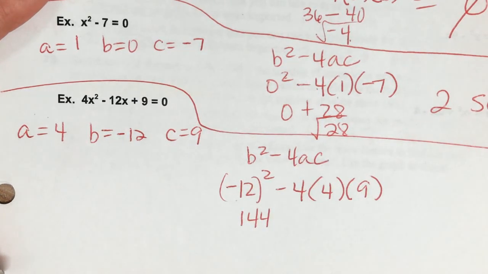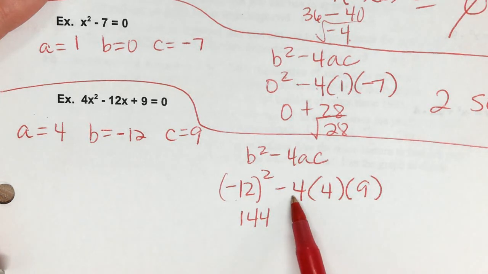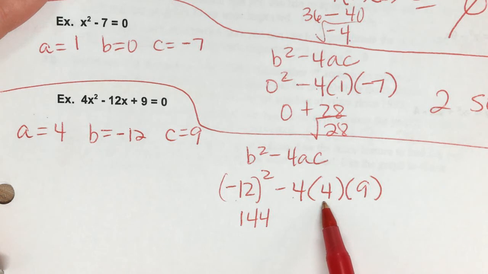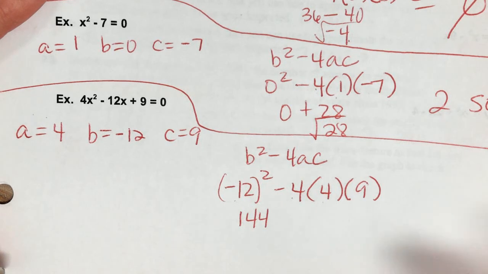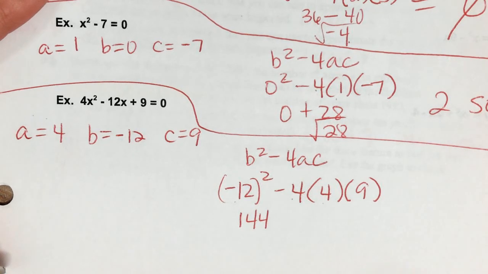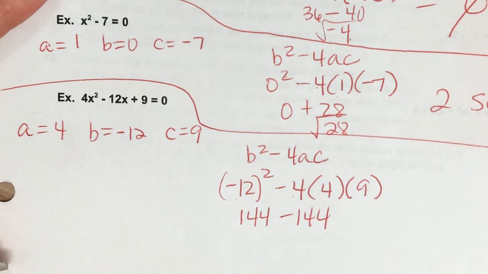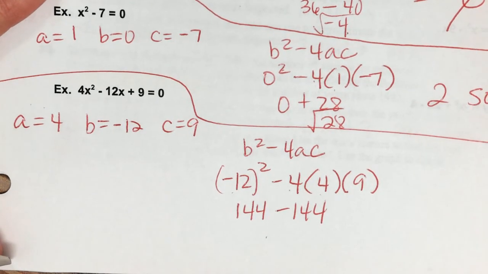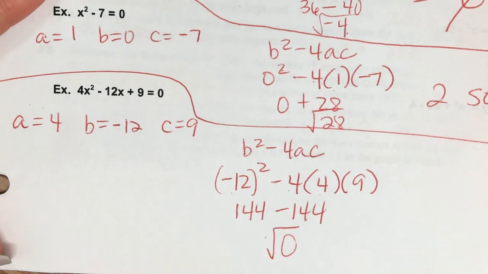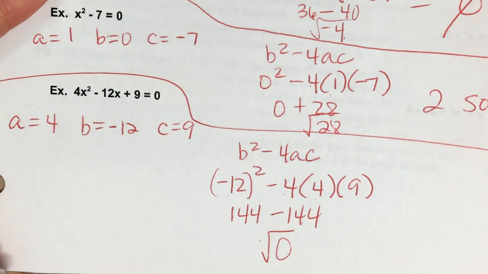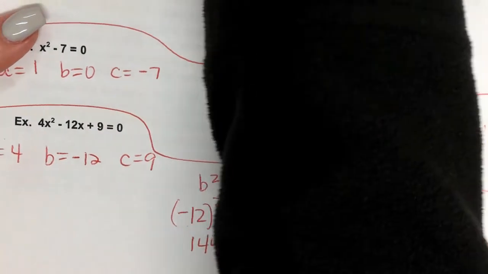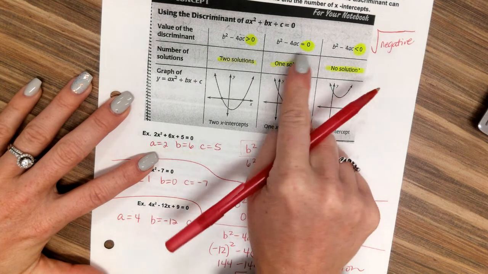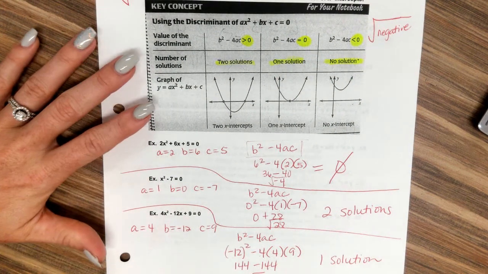What's a negative times a negative? There you go, 144. What's negative 4 times positive 4? Negative 16. And what's negative 16 times 9? Negative 144. What's 144 minus 144? And if I have the square root of 0, how many solutions will I have? 1 solution. And you have a little thing up here telling you if you get 0, it's going to give you 1 solution.